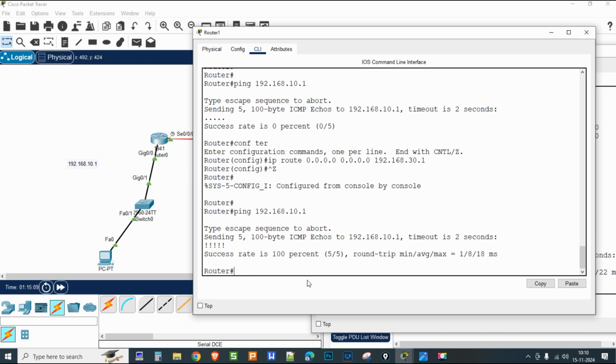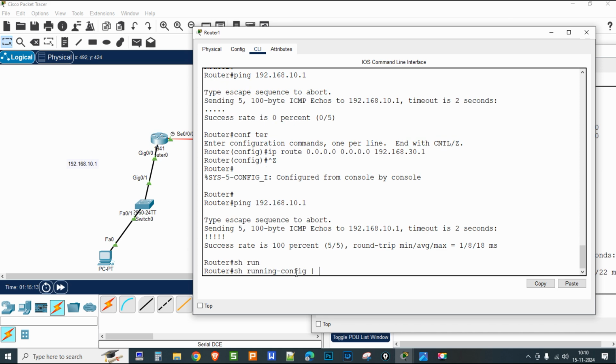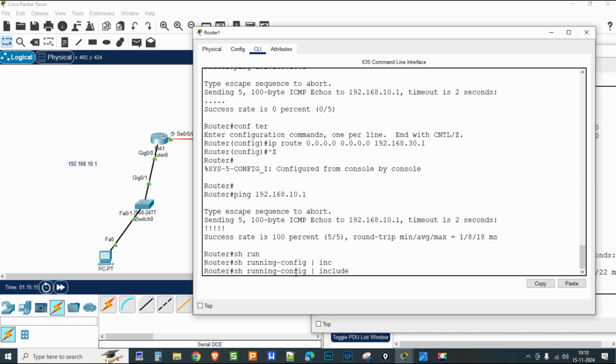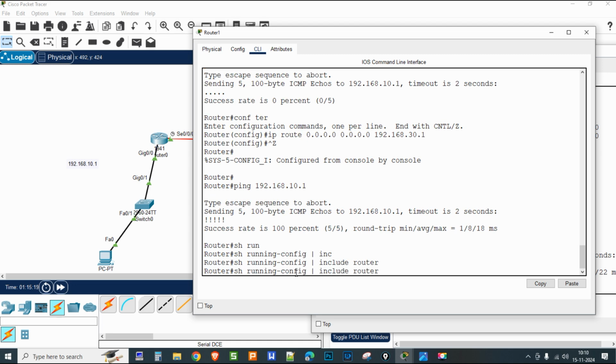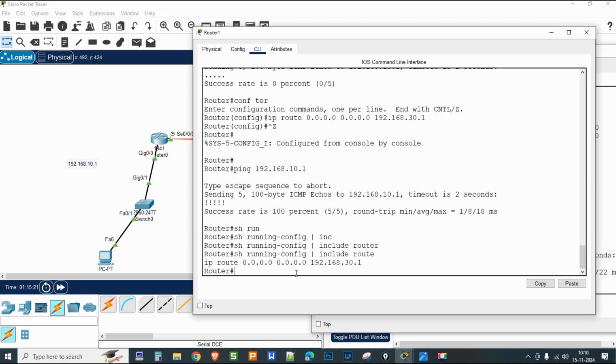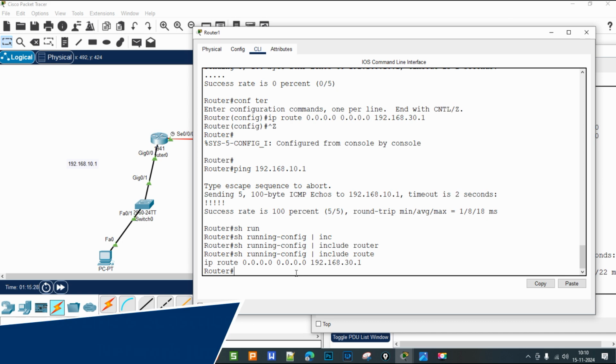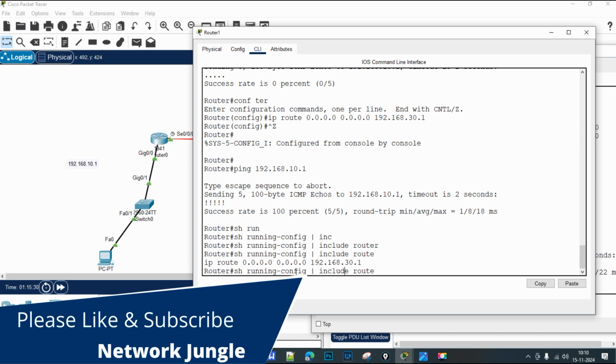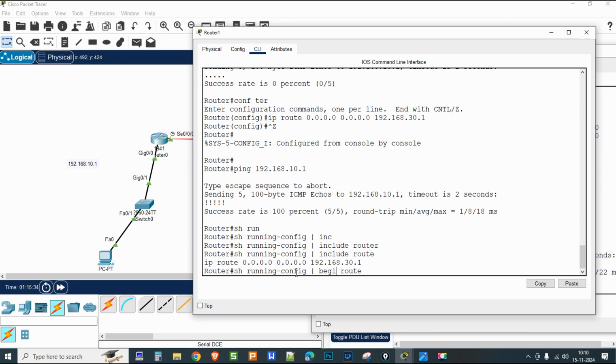Then additional commands. So show running-config, pipe, include. Include means it contains the characters we type. So include route. It contains the IP route 0.0.0.0 0.0.0.0, then exit interface. Then begin. Begin is nothing but starting from the route command.